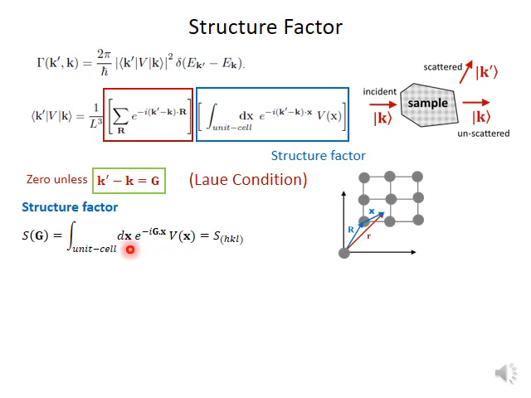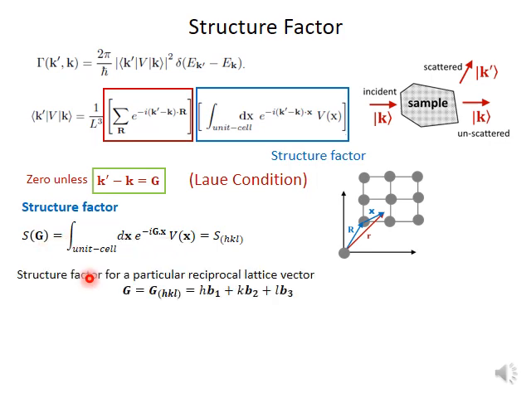For a particular set of G, which we know how to define, represented by HKL indices, the HKL indices multiplied by the primitive reciprocal lattice vectors give you your reciprocal lattice vector in reciprocal space.